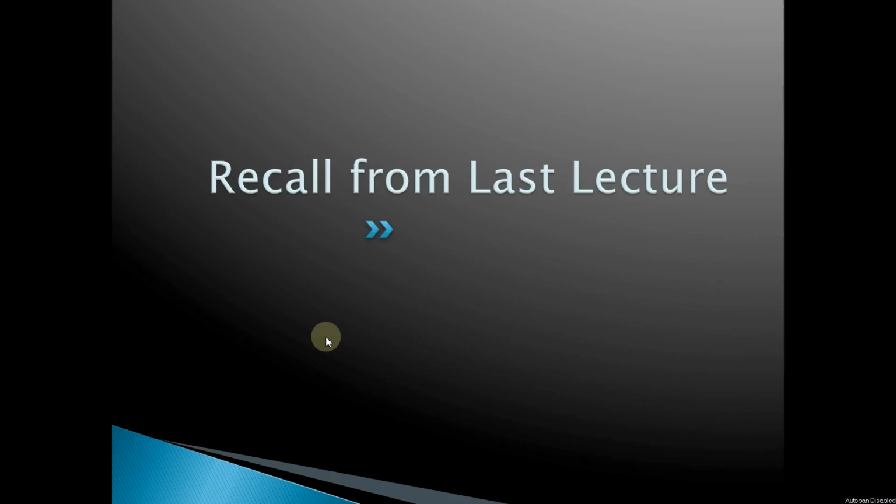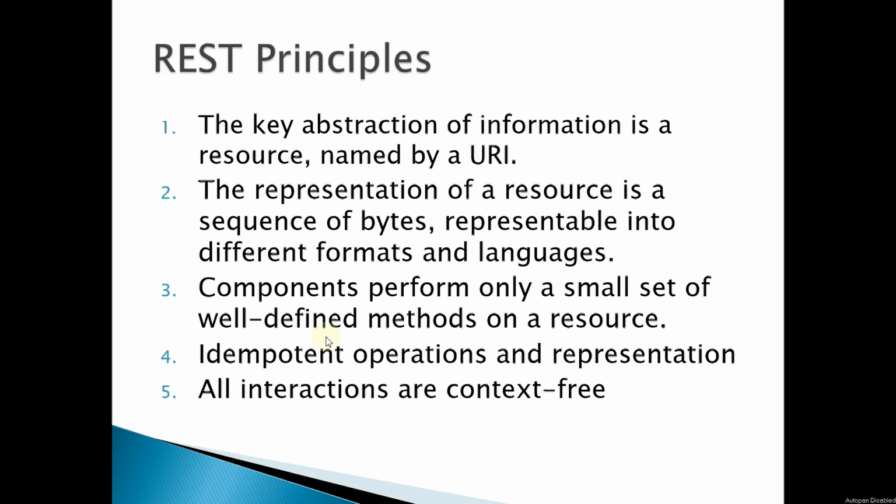First, we will quickly recall what we studied in the last lecture. In the last lecture, we saw the five basic principles of REST architecture. The first principle was the key abstraction of information in the form of resources and naming them with URIs. The second was the representation of those resources in a sequence of bytes, like in which format and in which language we will represent that information.